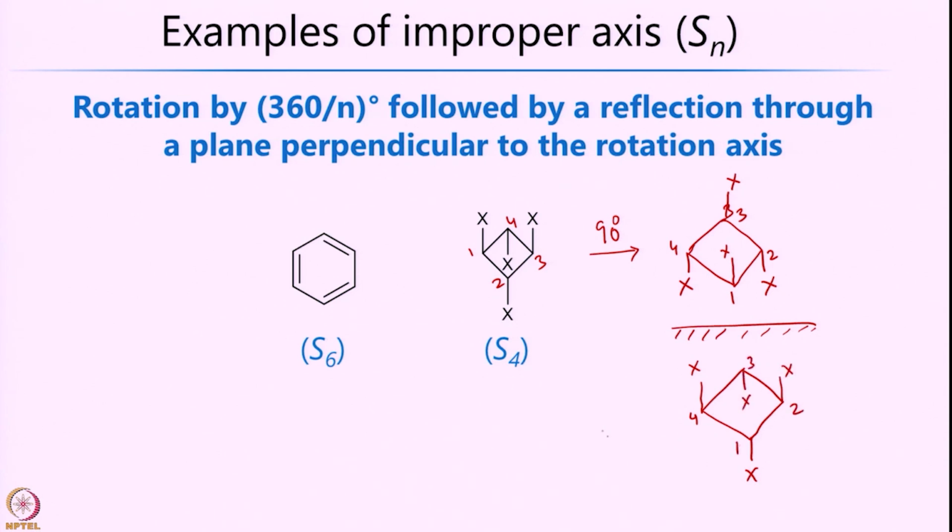I hope you can see that the one which I have drawn initially, let us call this A, and the one which we have got by operating a 90 degree proper rotation, that is C4, followed by a mirror plane or sigma, I have ended up with exactly the same molecule: on C1 I have the X pointing up, on C2 the X is coming down, and so on and so forth. So in essence what I have is an S4 element of symmetry for this particular molecule.